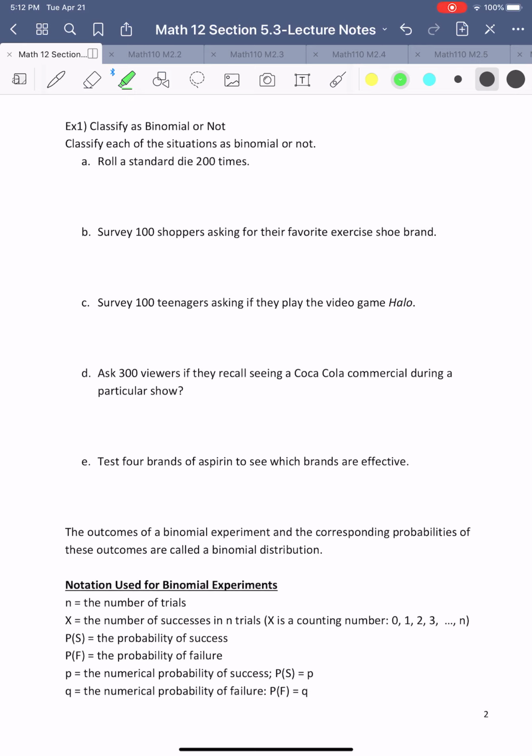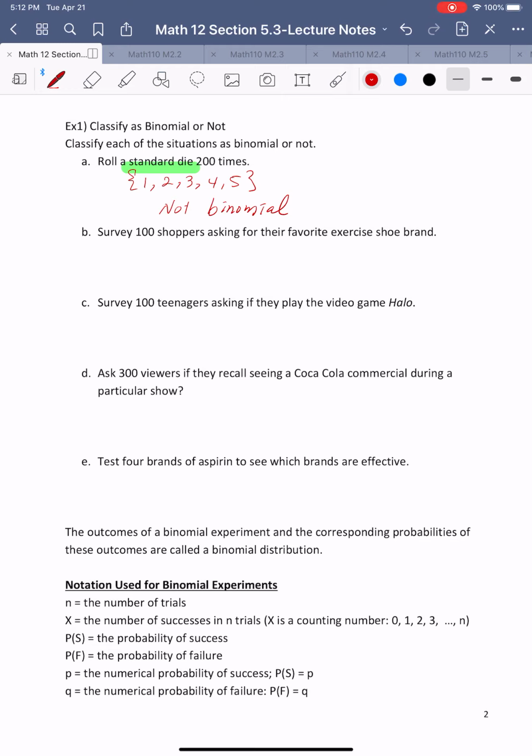All right, let's classify whether each situation is binomial or not. Look at the examples. The first one: rolling a standard die 200 times. The die has options 1, 2, 3, 4, 5, 6, so this is not binomial, because there are more than 2 outcomes.